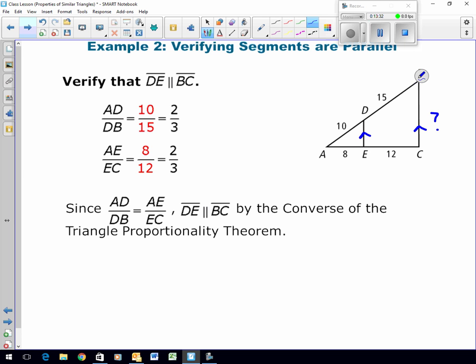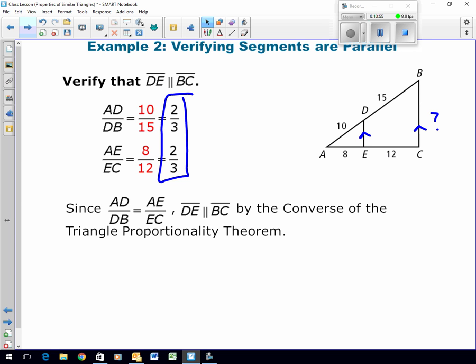Well, 8 over 12, 10 over 50. They produce the same ratio, which they do. That means that those segments are proportional, and if the segments are proportional, then the lines are parallel.